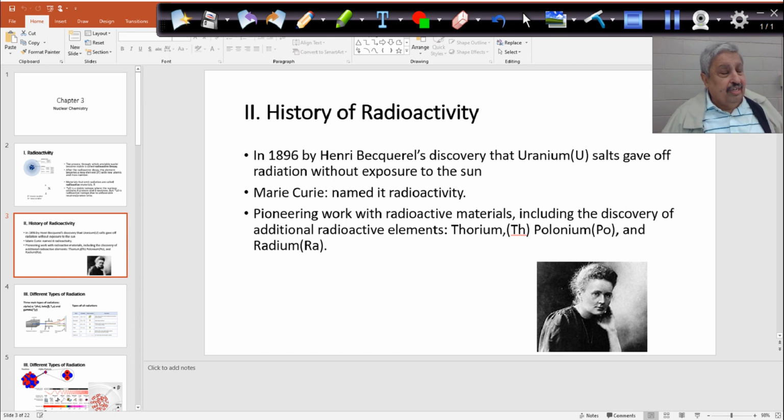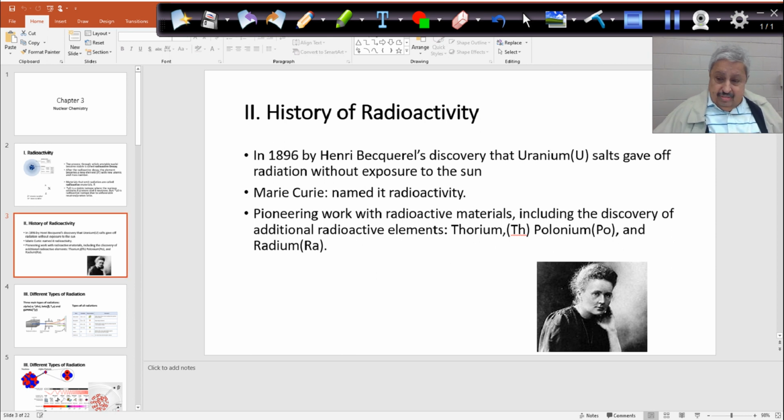So working with radioactivity or radioactive material or elements has a lot of side effects and a lot of disadvantages. So as I said, she was pioneering in this, and she was honored with the unit called Curie. That's the biological activity of radiation.